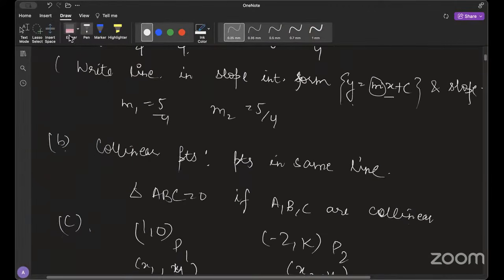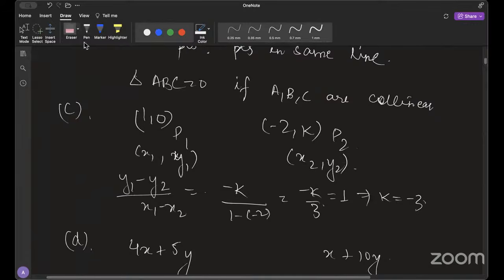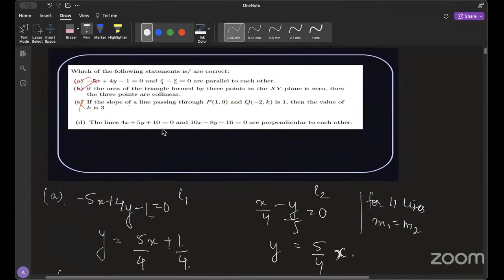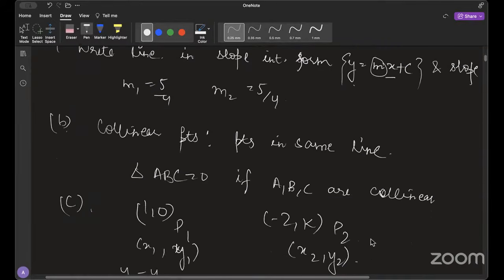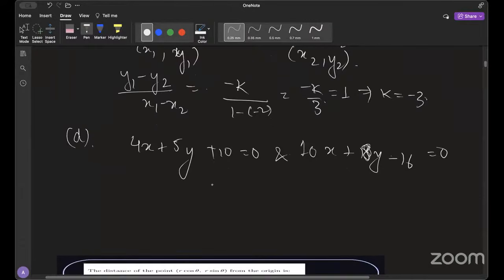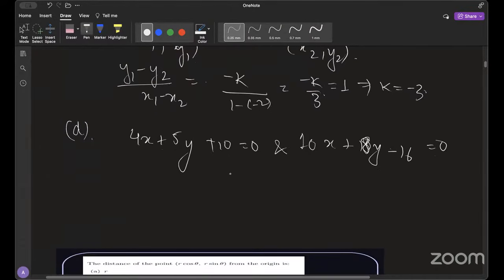X and 8y. The constants don't matter, but let's still write them. This is minus 16 and this is plus 10. If these two are lines and you have to check if they are perpendicular or not, then let's say this is L1, this is L2.